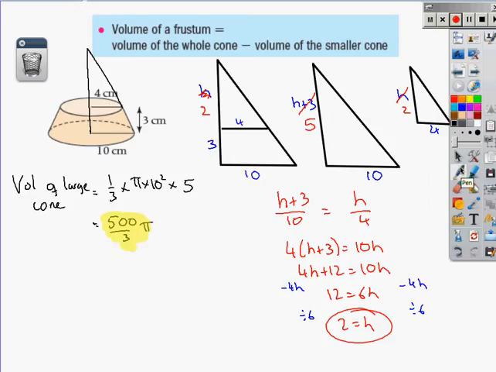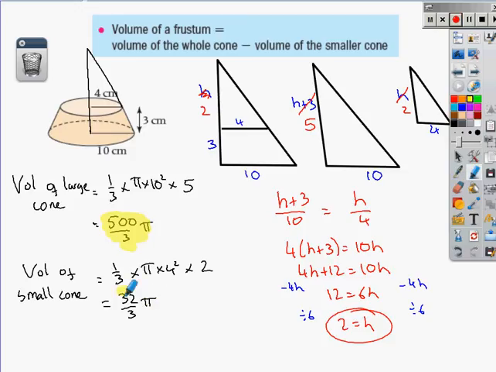Let's now find the volume of the small cone in exactly the same way, and so that's equal to 1/3 times the area of the base, which is a circle of radius 4, so it's pi times 4 squared, times the height, which is just 2. Put that into your calculator and you should get 32 over 3 pi. So that's my volume of the small cone. And then finally find the volume of the frustum.